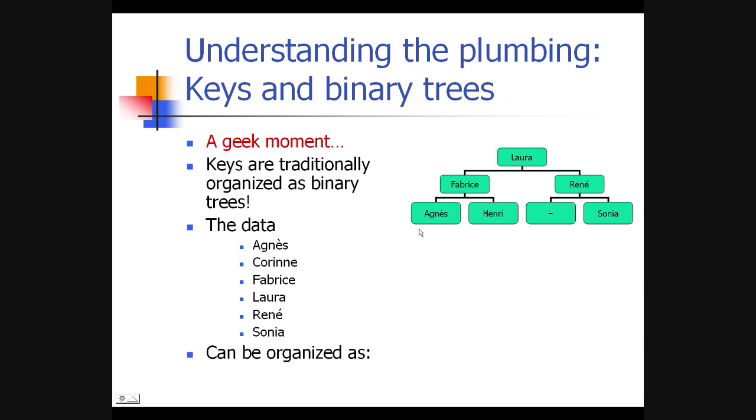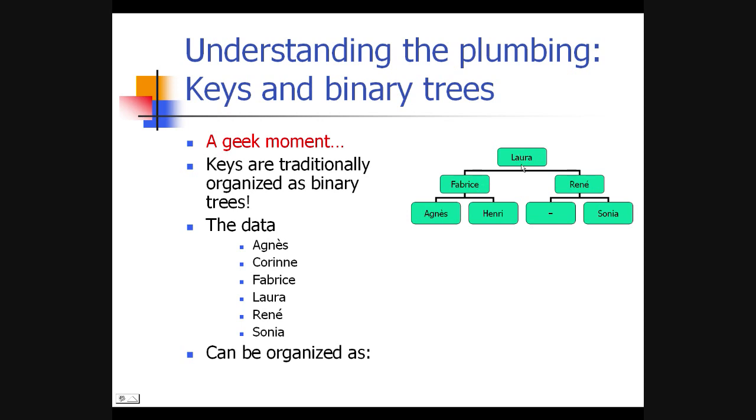Well, this is organized in the order in which the data is added to the file. In that case, the first record that was added is Laura, and then the second one could be, for example, Fabrice, or this one. It doesn't matter. If after you already have Laura, you want to add Fabrice, what is the rule?